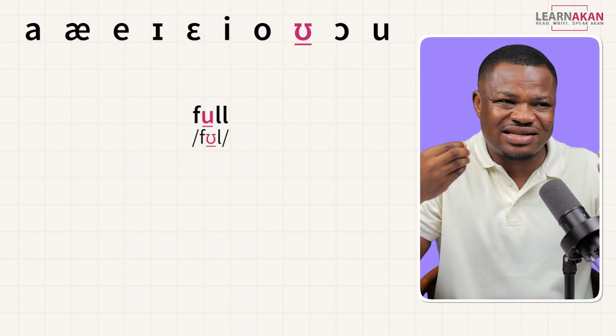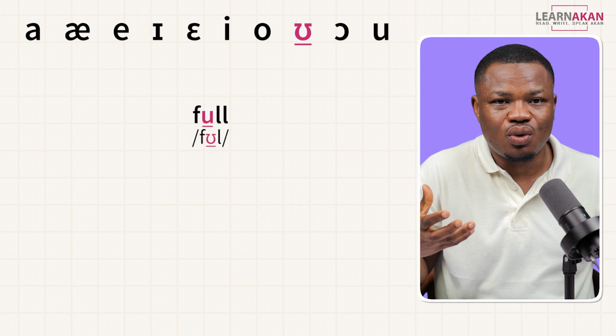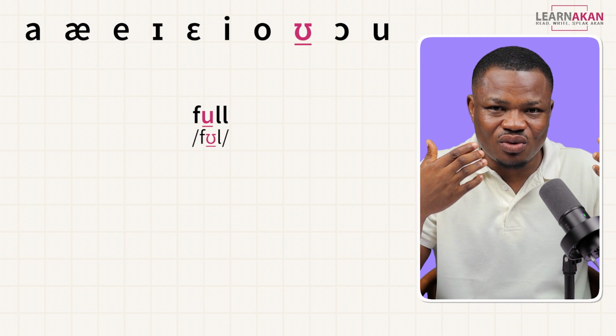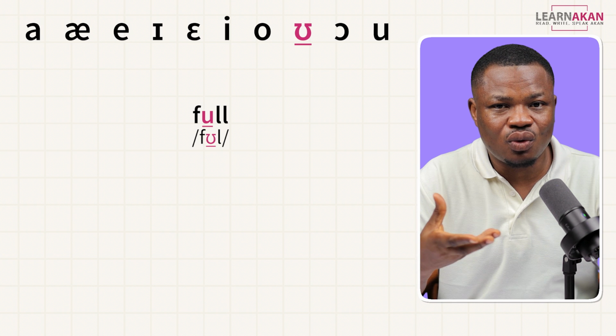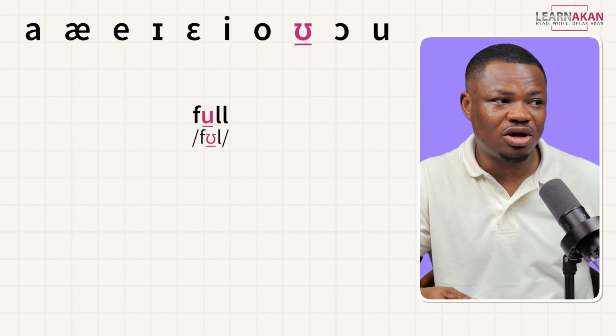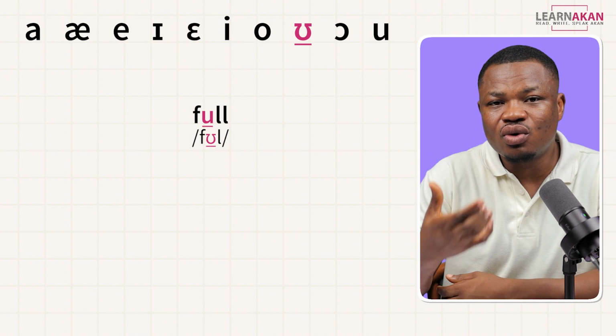Your nose has an effect on the sound. It's as though I'm using my nose to add to the sound, right? But aside from that, it's similar to what you find in the middle of po and fo, right? So we have the O sound.